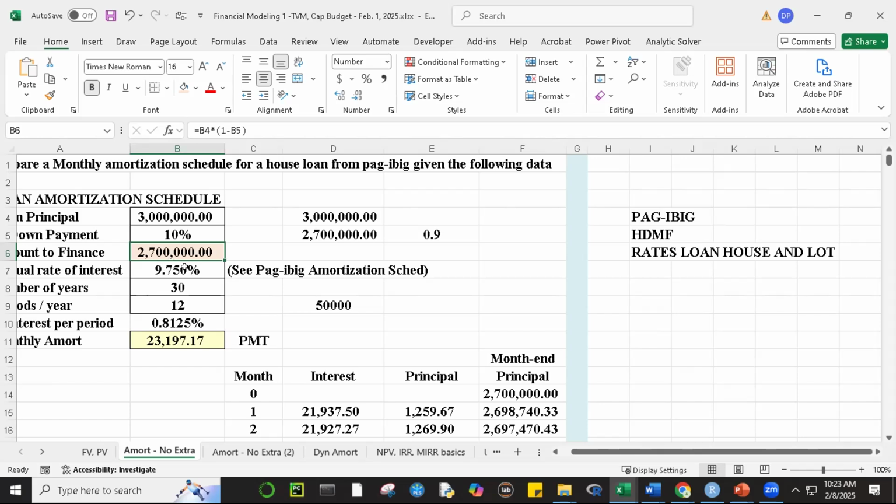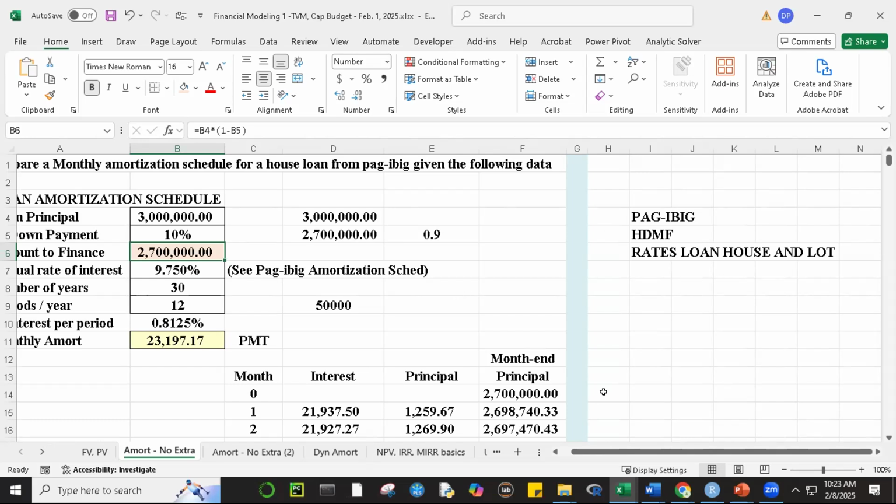Then you have the interest rate, then the number of periods. The interest rate, usually pag ganyan class, it's usually monthly. So whatever the stated interest is, you have to divide it by the number of periods, usually 12, and then you get your interest rate per period, because that's what you'll be using when you compute for the interest.